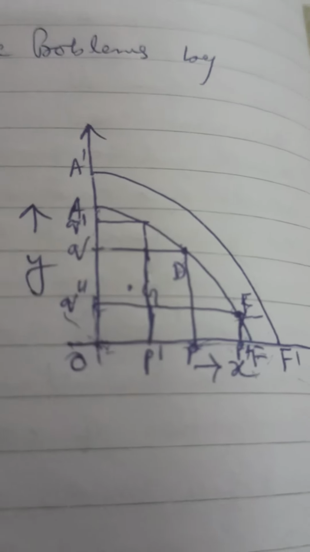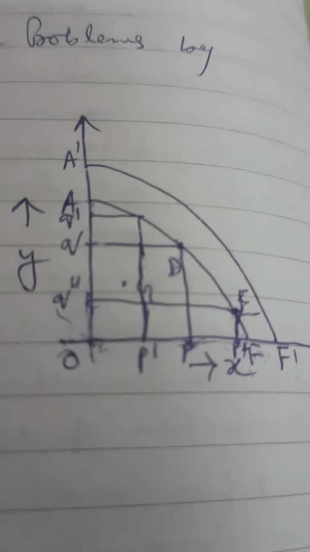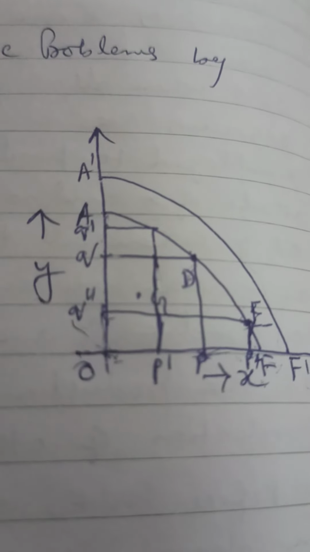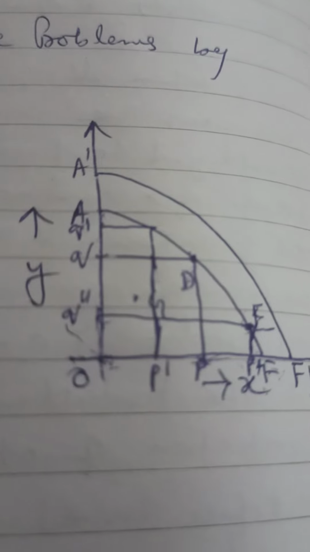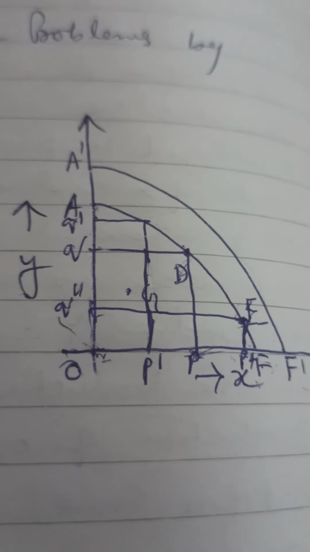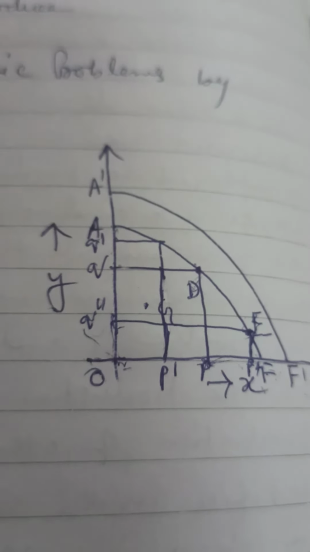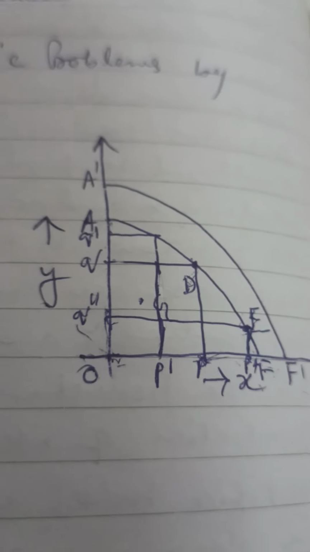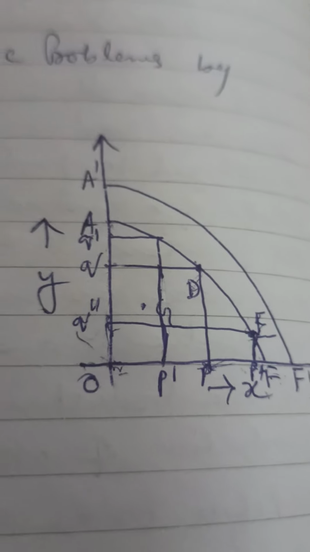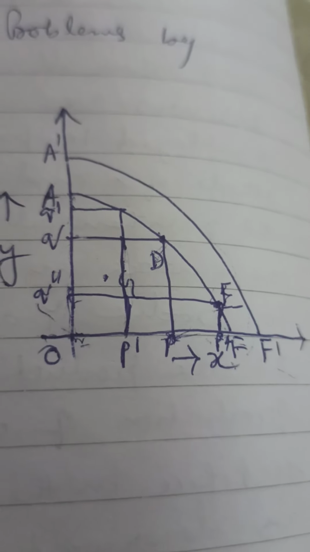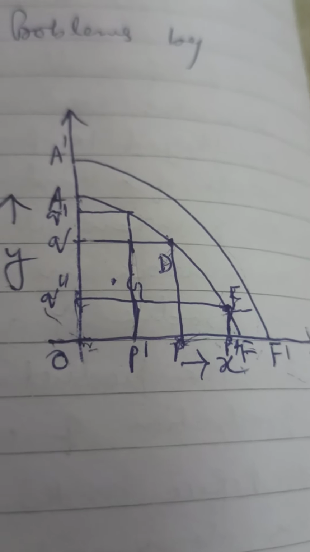So the production of X and Y, that means rice and wheat, has changed, because we are getting more production of rice and more production of wheat by introducing the technology. So the production possibility curve is shifting rightward.